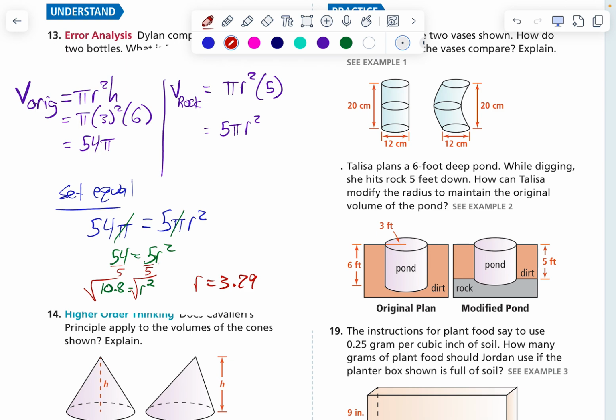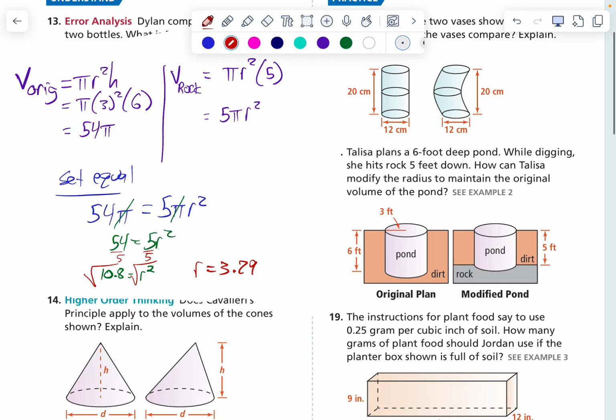I think we're good here. She needs to make the new radius 3.29. What are the units there? It's feet. So I don't know if you remember what the answer said on there, but the question is kind of saying, what does she need to do to the original radius? Well, she needs to add 0.29 of a foot, right? Okay. Did that help? Any other questions on that one?